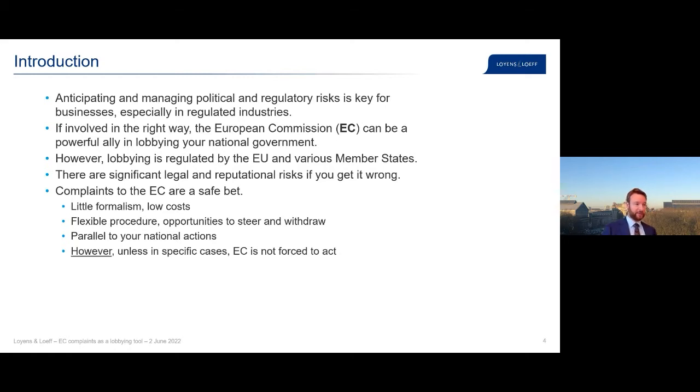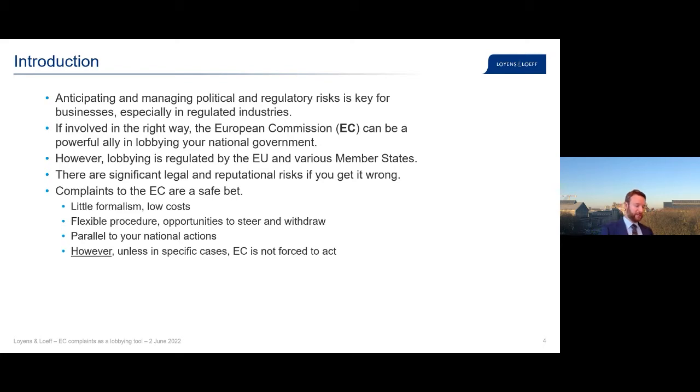However, and my colleague Joren will go deeper into that, you need to be mindful of timing, because the European Commission will only act if they feel that you have already taken the right steps at national level.